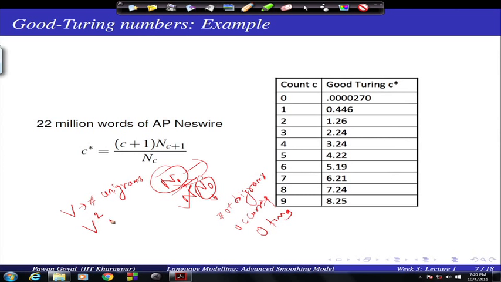Suppose I know that out of these, NB bigrams occurred in my corpus. So V squared minus NB gives me the bigrams that did not occur at all in my corpus. This becomes my N0, the number of bigrams that did not occur in my corpus. So the effective count is N1, the number of bigrams that occur once, divided by V squared minus NB, where NB is the number of unique bigrams that occur in my corpus.